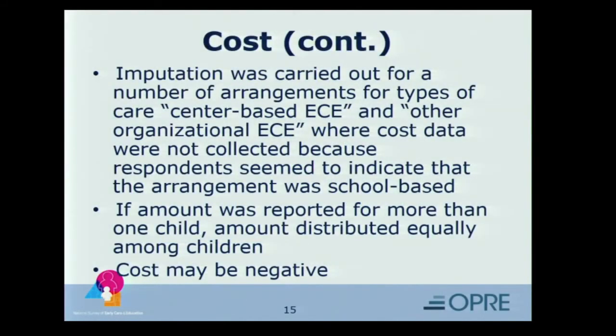There were a number of arrangements that had to have cost data imputed because of some patterns of how respondents answered earlier questions. These were generally imputed in the center-based EC and other organizational EC categories, which you can learn more about consulting the NSECE documentation on type of care.